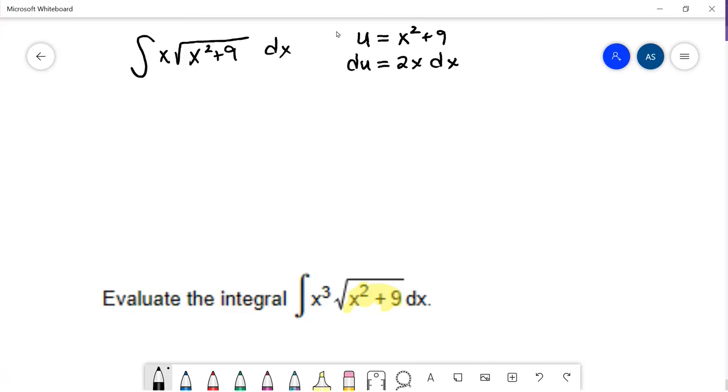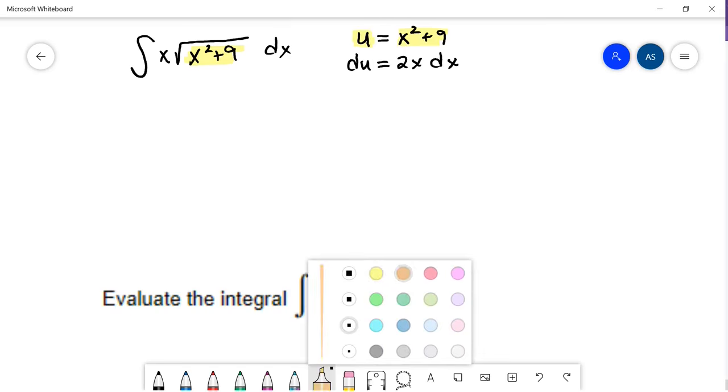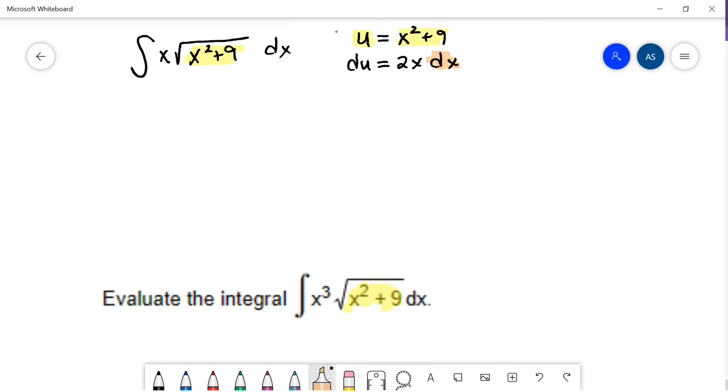So once we do that, we make a substitution, and we're going to substitute what's inside of the radical to be x squared plus 9. And then we're also going to substitute for the dx.